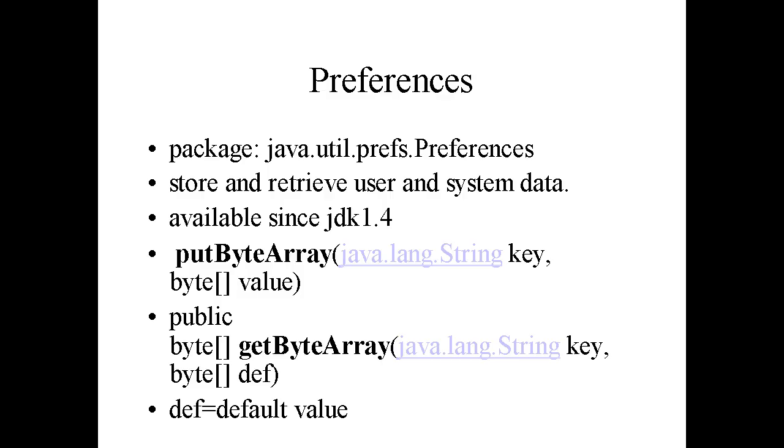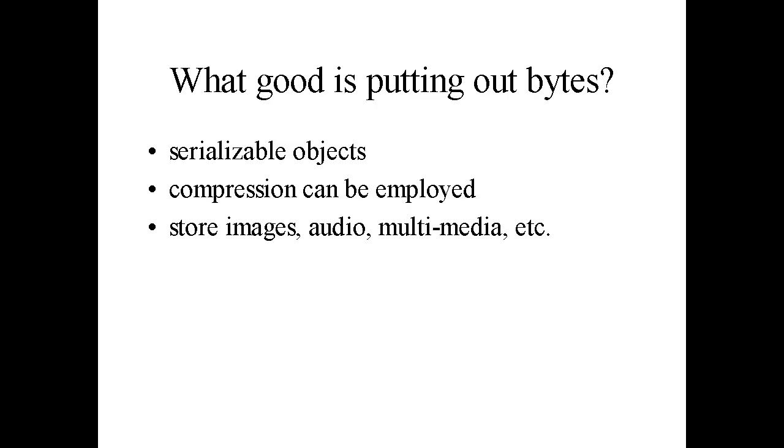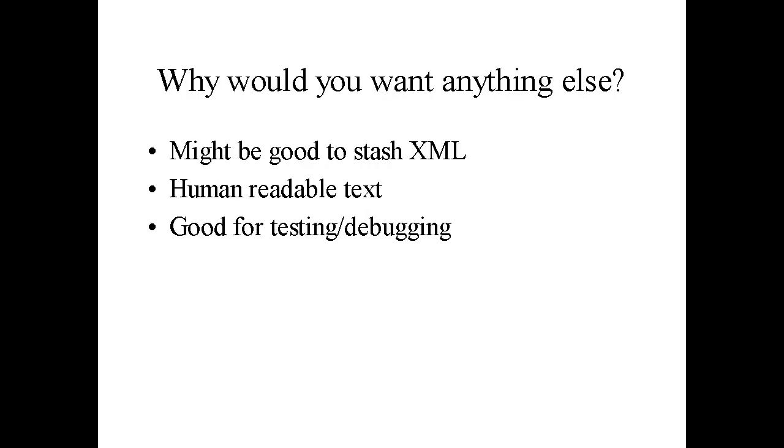And what you can do is you can take instances of objects, you can turn them into byte arrays or string arrays, then you can stream them into your preferences so that you can obtain a persistence which is unique to your user ID and login. That is, it's based in preferences. So putting out bytes is a perfectly reasonable way to serialize your objects. You can put them out as XML, or you can use an object output stream, or you could use an XMLEncoder. You can compress your objects. You could store all kinds of things, images, multimedia, audio.